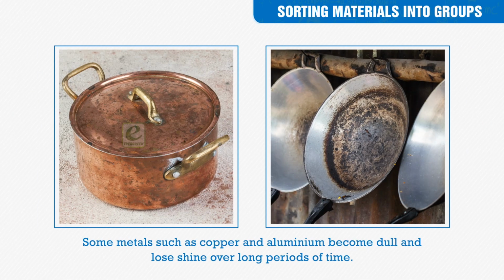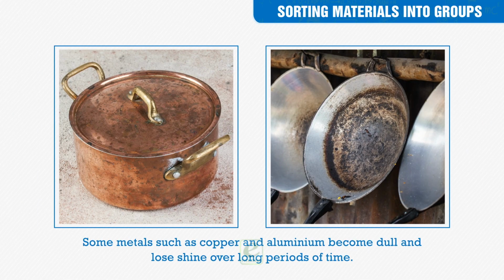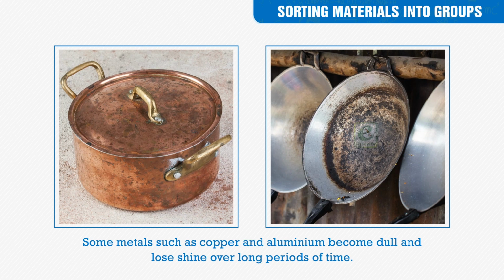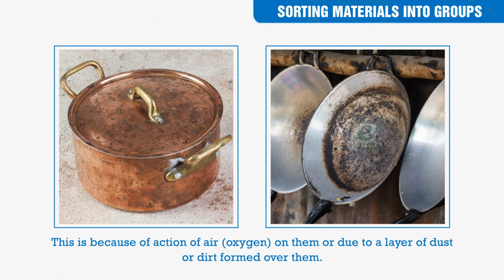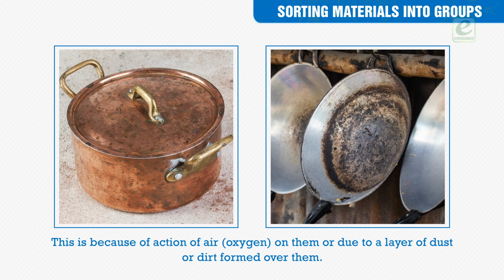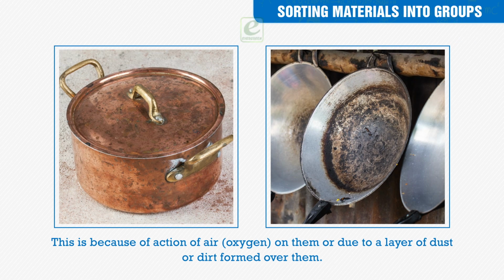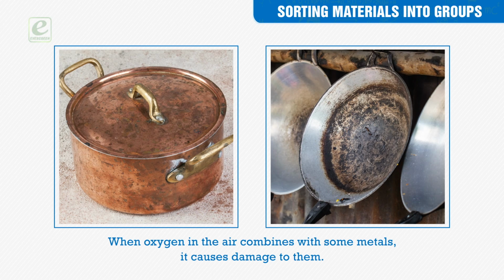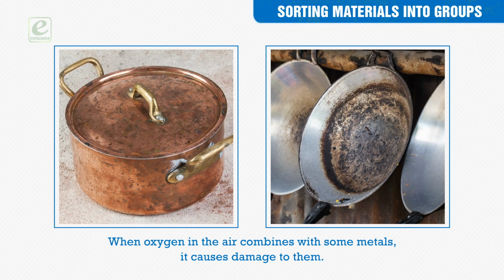Some metals, such as copper and aluminium, become dull and lose shine over long periods of time. This is because of the action of air, oxygen on them, or due to a layer of dust or dirt formed over them. When oxygen in the air combines with some metals, it causes damage to them.